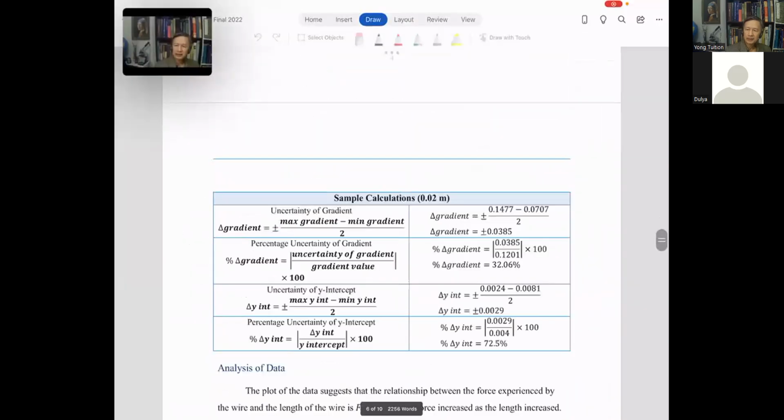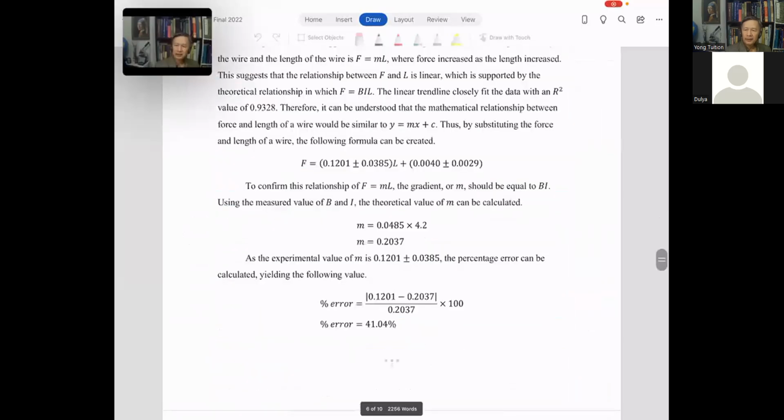So if we did it here, the prediction, they have two M numbers, right? This is the proportionality M, right? This is your best fit, right? 0.12 is your best fit, right?